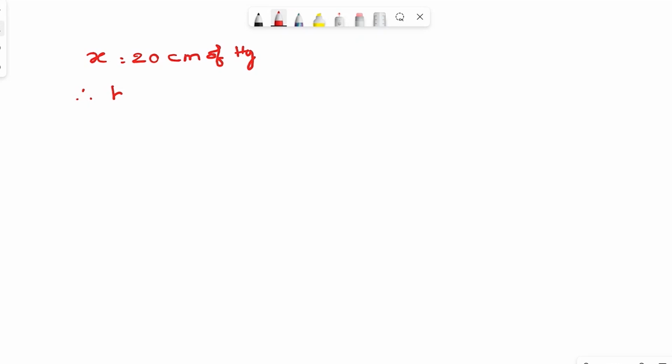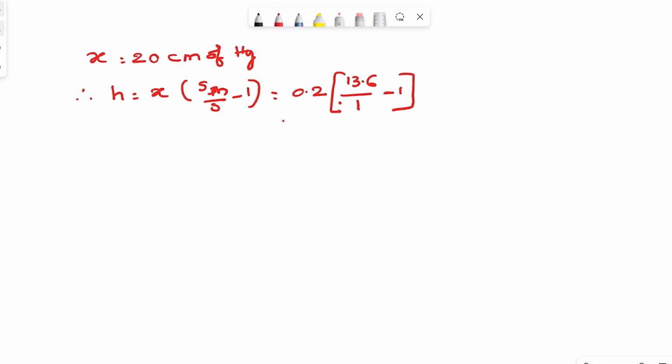Therefore H is equal to X into (Sm by S minus 1), which is equal to 0.2 into (13.6 divided by 1, minus 1), which finally comes around 2.52 meters of water.